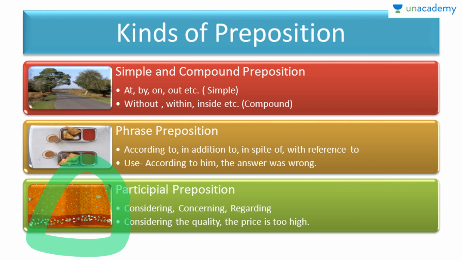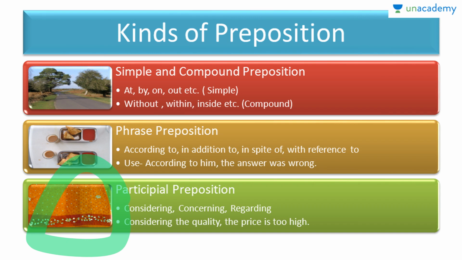The price is not high if we eliminate the idea of quality, but if we bring in the idea of quality, the price is too high. We can see how in daily conversation prepositions become very important, and without a proper knowledge of them, it's pretty hard to understand and speak the language properly.